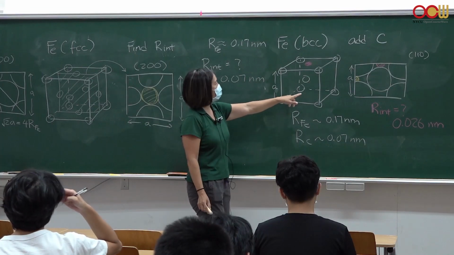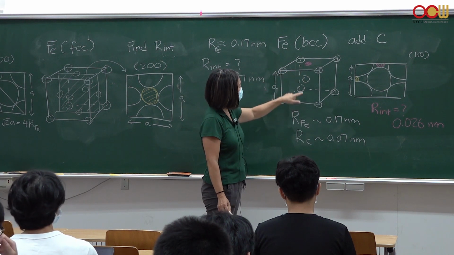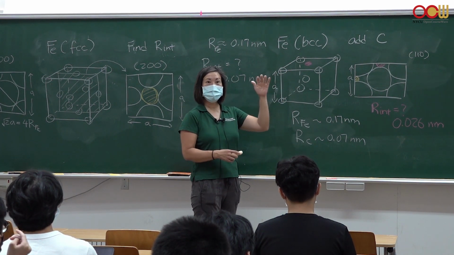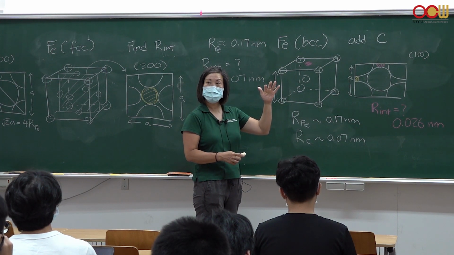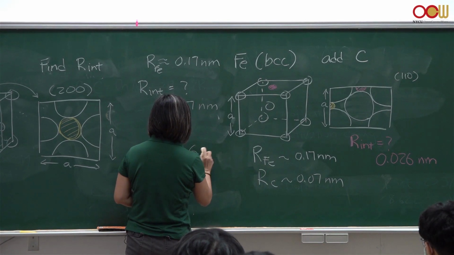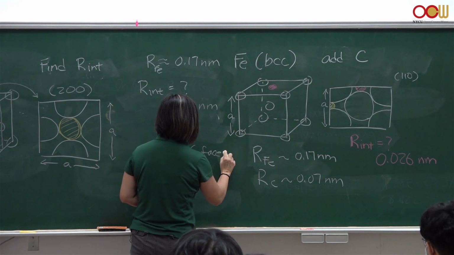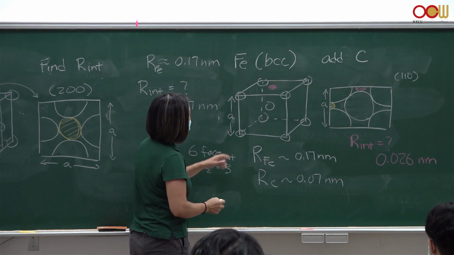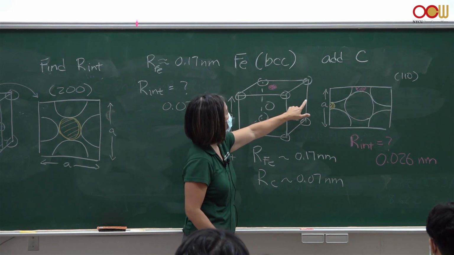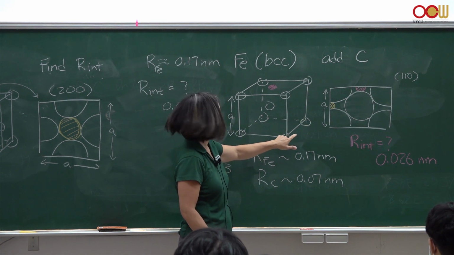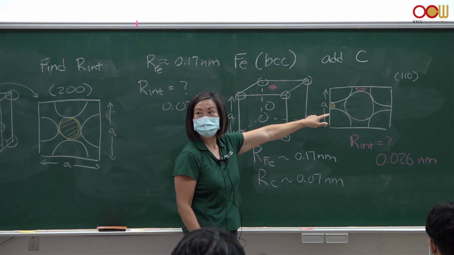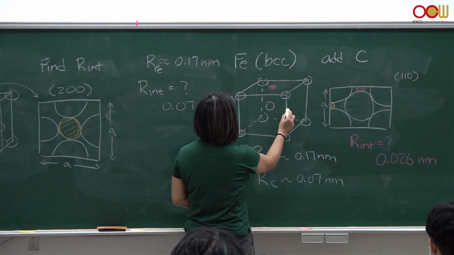For a BCC, you have the 6 faces. Each one is shared by 2 unit cells. So 6 face interstitial sites times 1/2 equals 3. Plus you have all the edge sites, right? You see that there's the same size interstitial site in the edges, so you also have these.